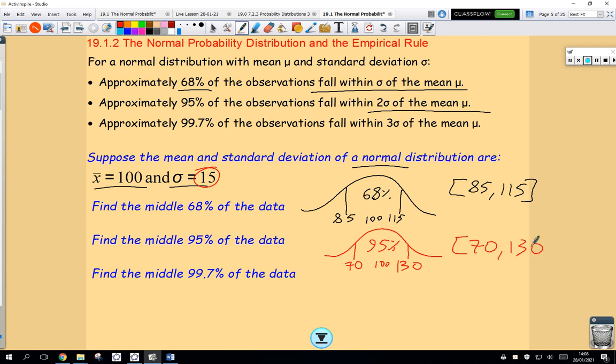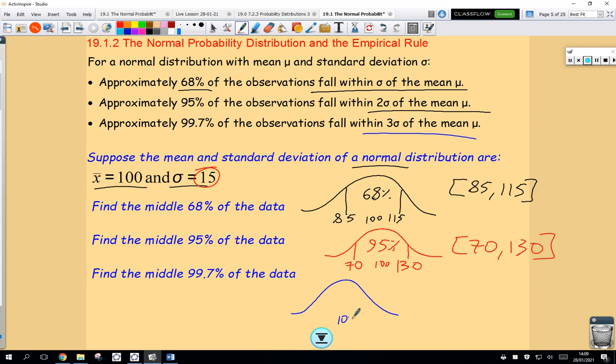And then finally, to find the middle 99.7% of the data, well, 99.7% fall within 3 standard deviations of the mean. Again, just a rough sketch here.